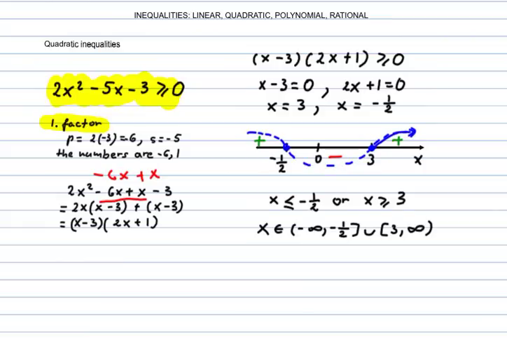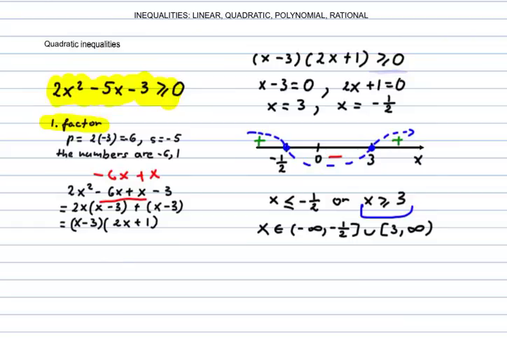So this is why our solution is x is either less than or equal to -1/2, since we're looking for possible solutions that are greater than or equal to 0, or x is equal to 3 or greater than 3.